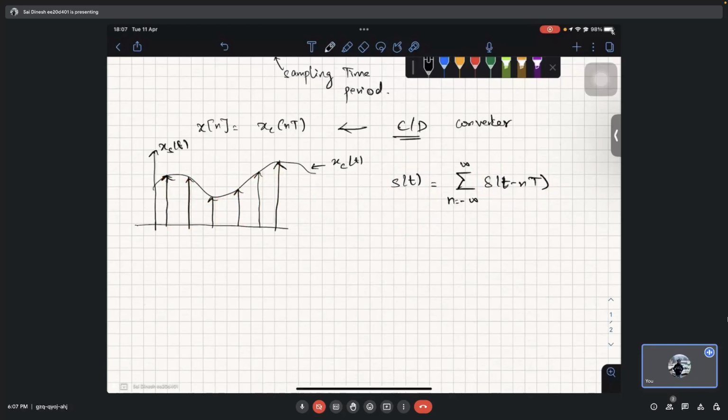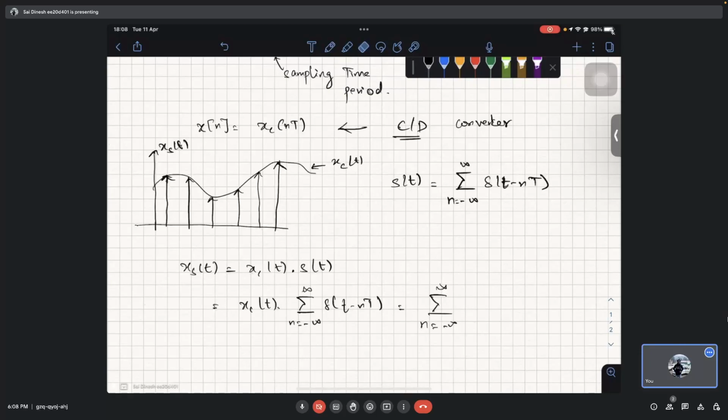So xs of t is equal to xc of t times s of t, which is equal to xc of t times the sum from minus infinity to infinity of delta of t minus nT, which is the sum of xc of t into delta of t minus nT.